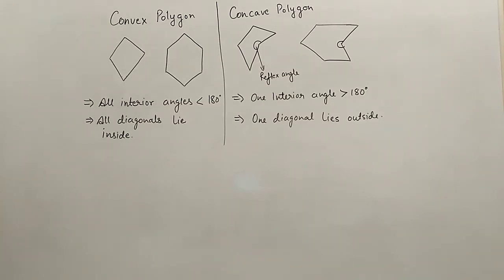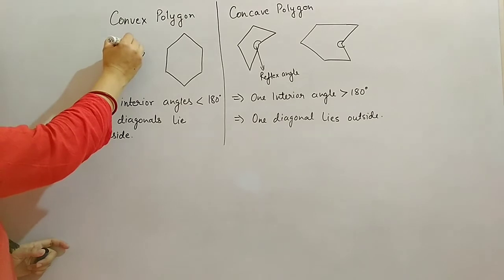Next we have convex and concave polygons. Convex polygon means when all the interior angles are less than 180 degrees. You see, all these interior angles are less than 180 degrees and all the diagonals lie inside this figure.